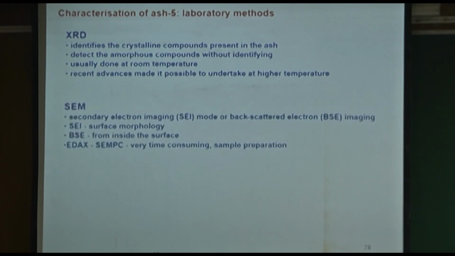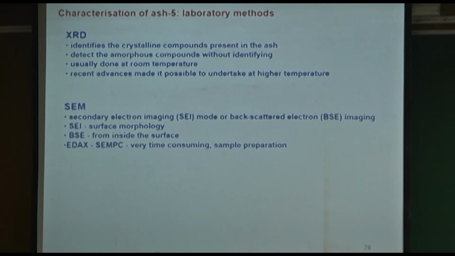And then, of course, SEM, EDX, whether you are doing it in the secondary electron image or backscattered imaging mode. I don't know how many of you have handled SEM. Has anyone handled SEM? Okay, so scanning electron microscopy, the way it works is you have a sample in here, and you then bombard the sample with a beam.